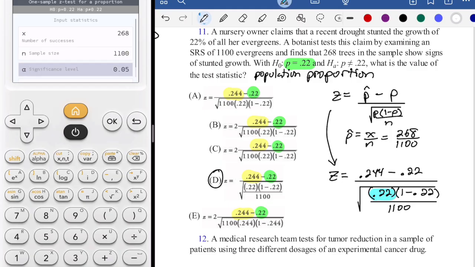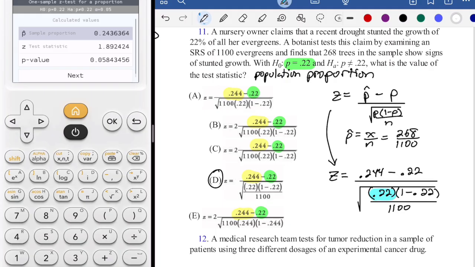Significance level, well, it really doesn't matter. I'll leave it at 0.05 because we're just looking for a test statistic anyway. So I'm kind of using the technique I said earlier not to use, but in the case of a typo in a practice problem set, you've got to figure it out somehow. So that would be 1.892.